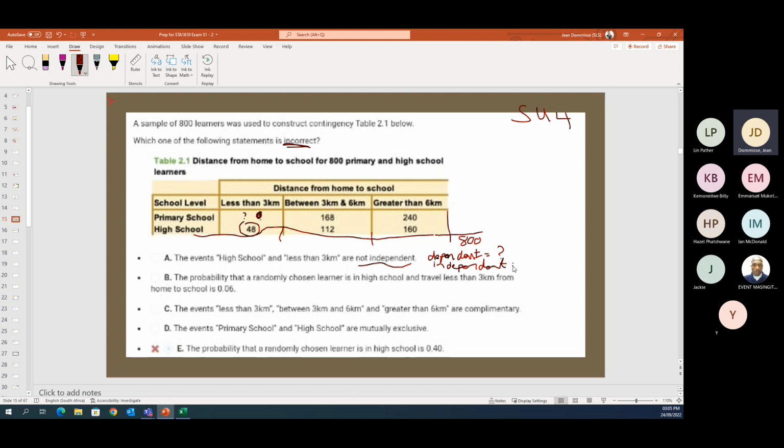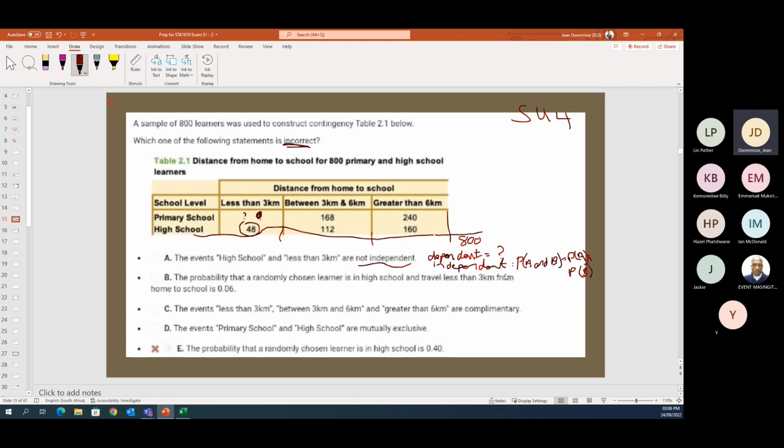So when something is independent, the probability of A and B is equal to the probability of A times the probability of B. Okay, so that is when something is independent.